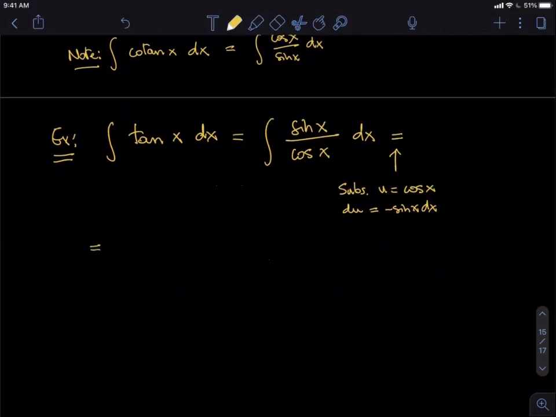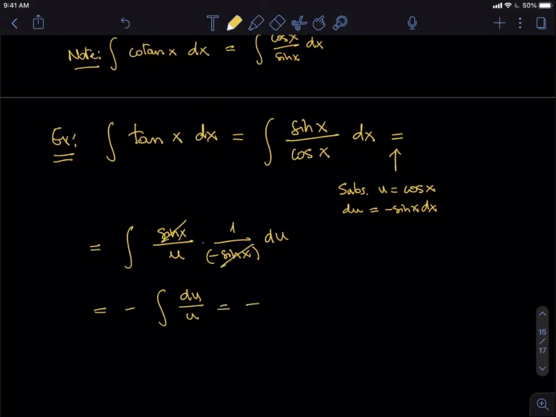With this information, we can write sine of x divided by u times dx, which is 1 over negative sine of x du, sorry, I'm solving for dx here. Now, the sine of x cancels out, and we can write minus the integral of 1 over u du, okay?